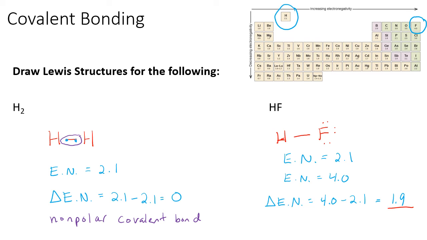So in this covalent bond, those 2 electrons are really close to fluorine. Fluorine is winning the tug of war because it's much more electronegative. And so what that causes is something called partial charges to develop. Polar covalent bonds, compared to nonpolar covalent bonds, have partial charges.